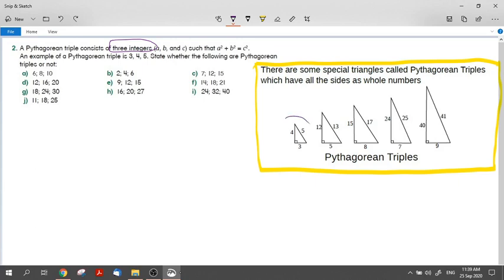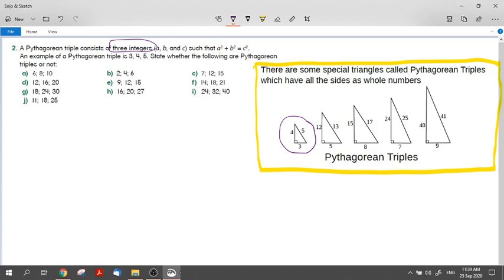If you get out your ruler and draw a line 3 centimeters long and another 4 centimeters long, at right angles to each other, and you join them, you'll find the hypotenuse is 5 centimeters.